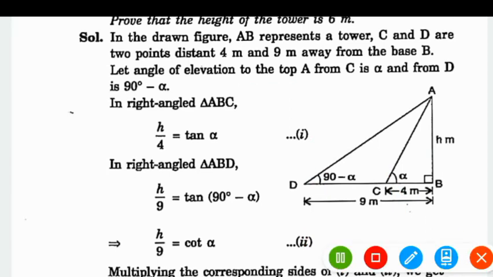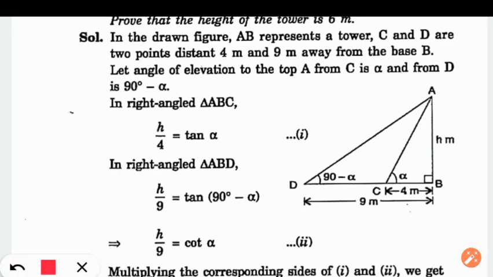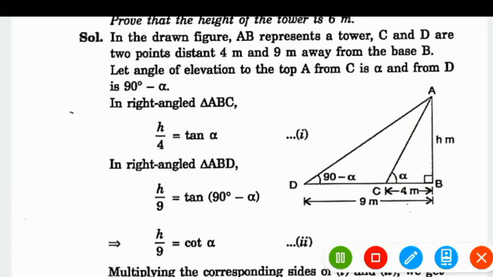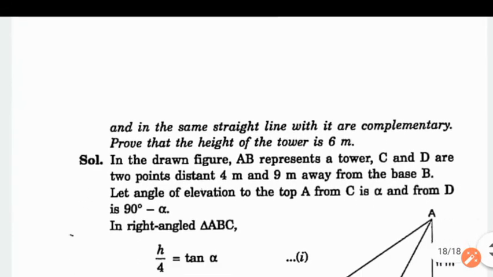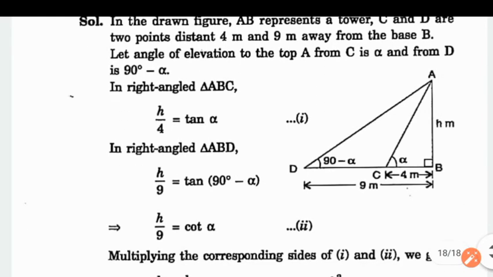Now, take the smaller triangle first, triangle ABC. So, here we have H and here we have 4 base. So, which trigonometrical ratio will we use? We will use either tan or cot. So, tan of this angle, tan alpha, tan of angle C is equal to perpendicular by base. So, it will be H by 4, done.